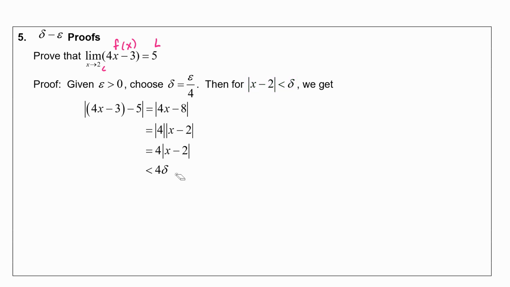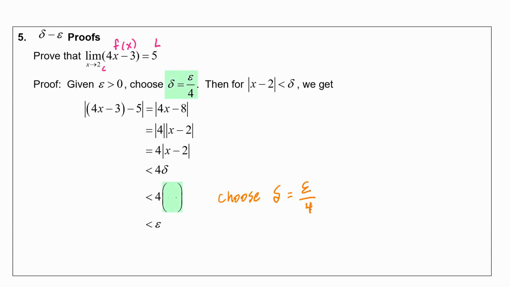Now we know ultimately we need the absolute value of f of x minus L to work out to be less than epsilon. So what we want to do is figure out 4 times what quantity would work out to be less than epsilon. And it's pretty easy to see that at this point we would choose delta to be epsilon over 4.